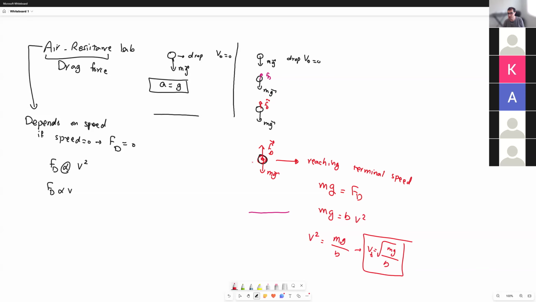The moment the object reaches terminal speed, it's going to move with constant velocity down. mg and F_D cancel each other out for the rest of the path, and the object moves with constant terminal speed. Do you want, when you fall down, a high terminal speed or a low terminal speed?